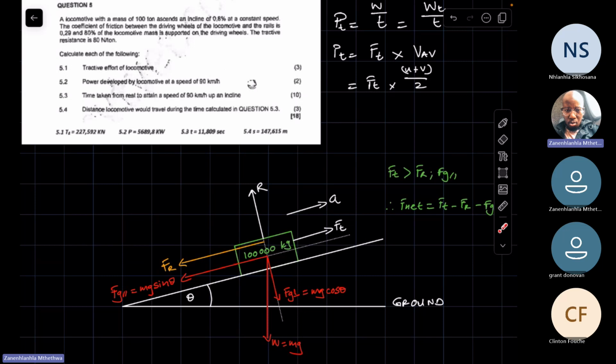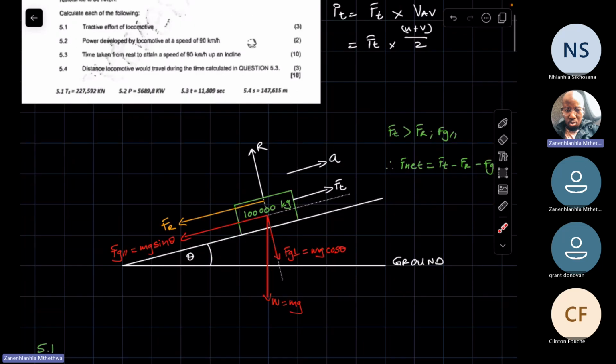That's one way. The other way is by looking at direction from the perspective of acceleration. Forces going in the same direction as acceleration you take as being positive, and forces going against acceleration you take as being negative.